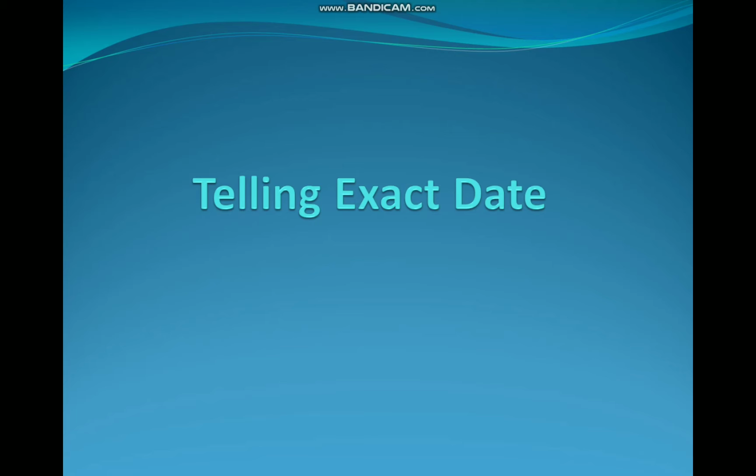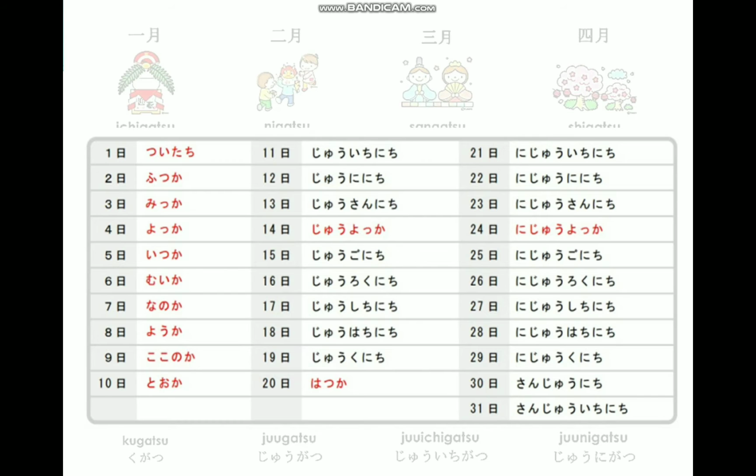So let's study. Telling the exact date in Japanese also requires you to memorize the numbers. That's why I've told you before it is very essential to master them. But still, there are special numbers in the date.